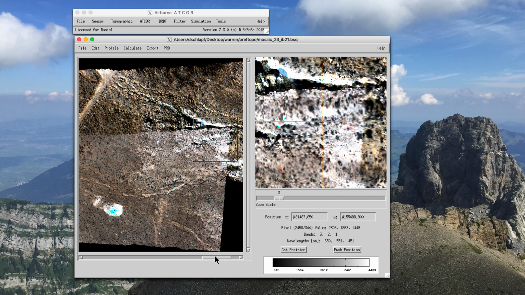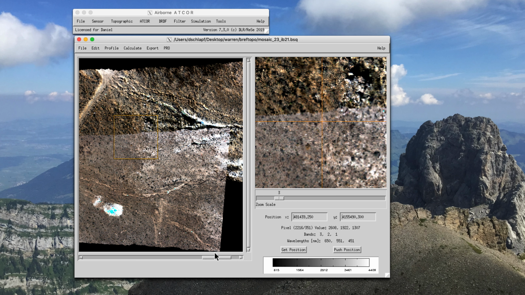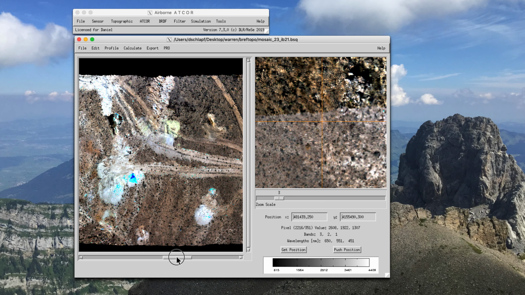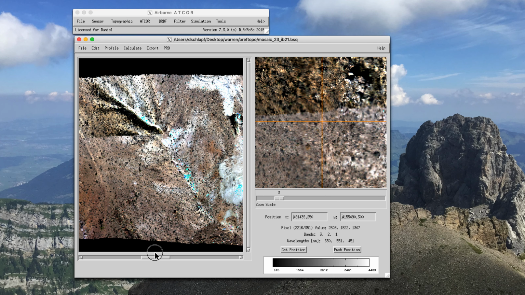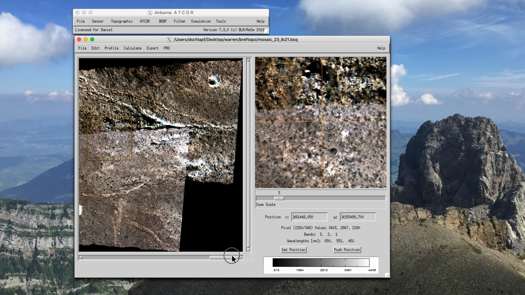So this may be caused by some BRDF effects which are not caught by this incidence BRDF correction, and one could try to do some more BRDF processing, but this would be more of experimental nature.